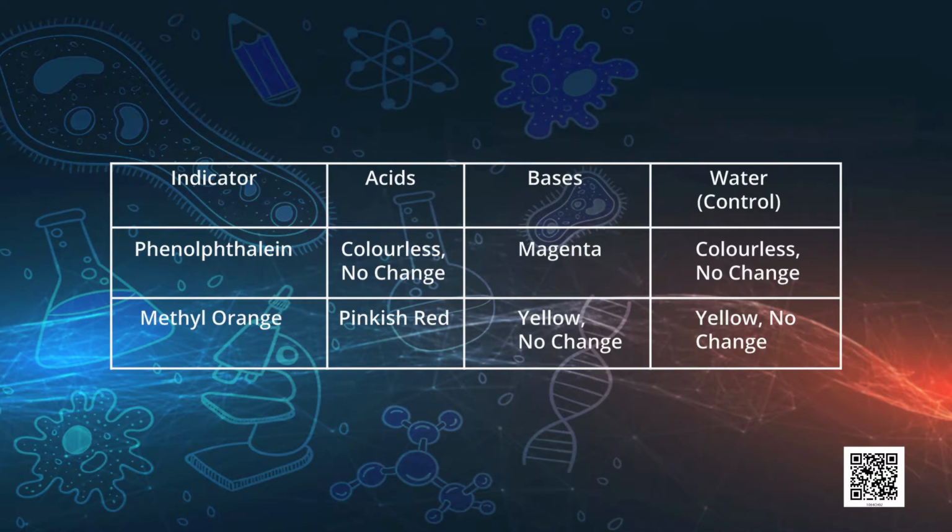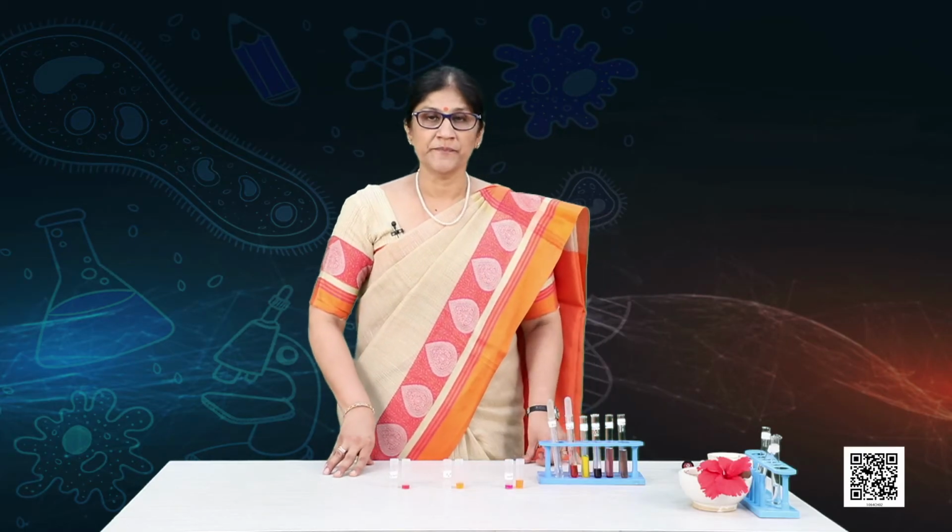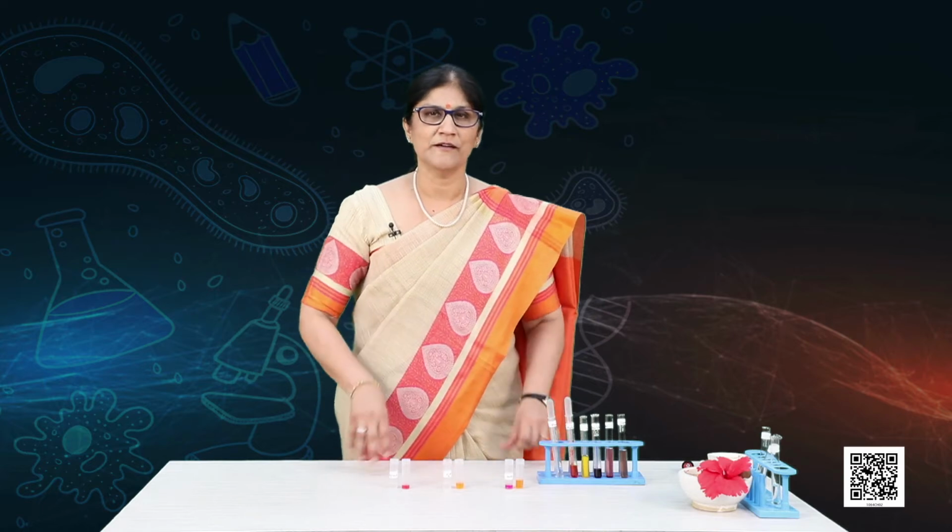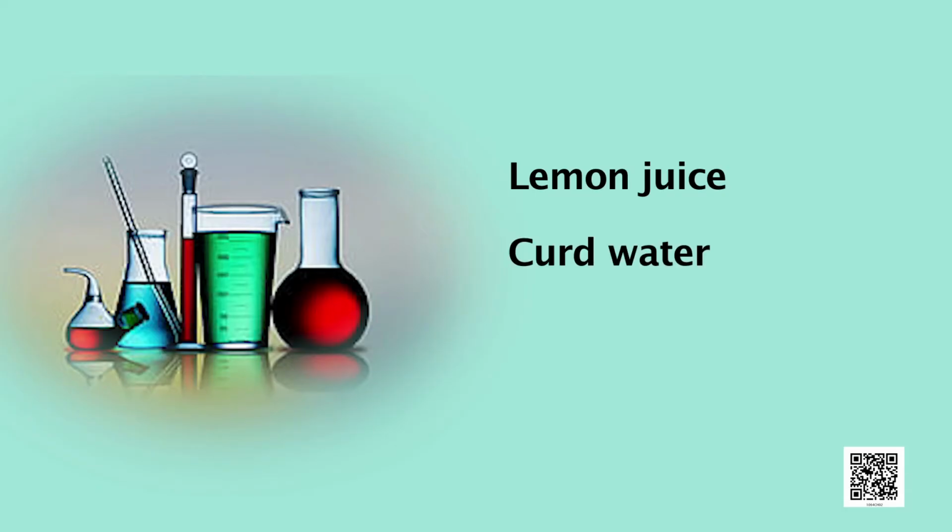So can you make a chart? And now I would urge that from home you collect a few materials. You can collect lemon juice, curd water and baking soda solution, etc., whatever you find, and make solutions and try testing with the indicators that you have around you.